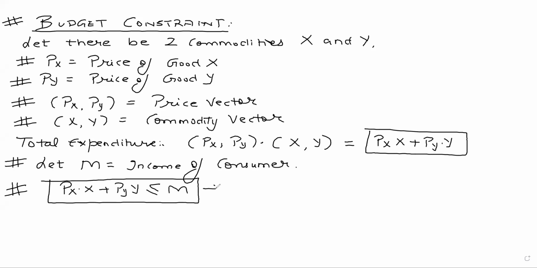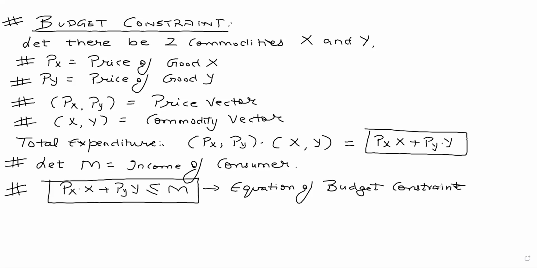So this is the equation of the budget constraint. For any consumer, his total expenditure cannot exceed his total income. The key assumption here is that there is no possibility of borrowing. Since there is no possibility of borrowing, your total expenditure has to be less than or equal to your income.